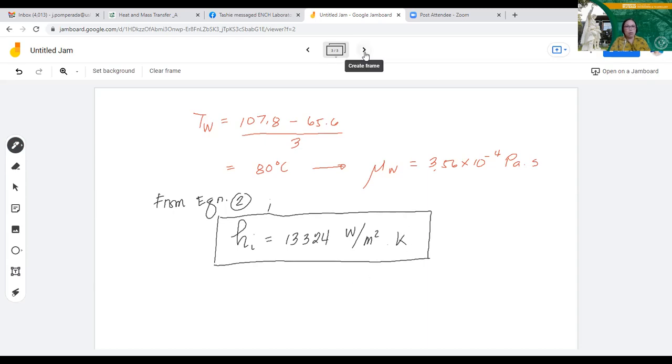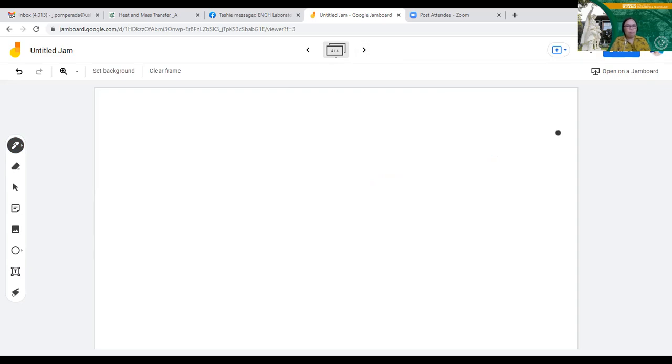Now we go to letter B. In letter B, you are asked to determine the overall heat transfer coefficient U sub I. So in the first place, you will think, what particular formula will I use to get this overall heat transfer coefficient U sub I? In the previous discussion, I presented a formula for heat transfer having the overall heat transfer coefficient.